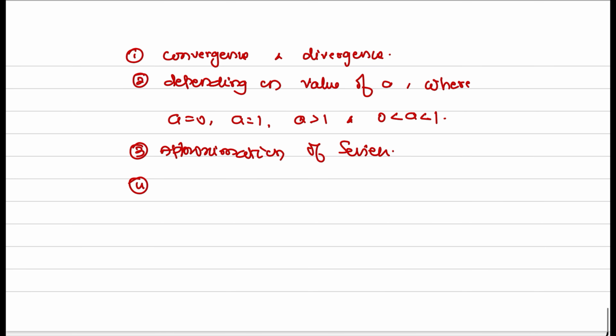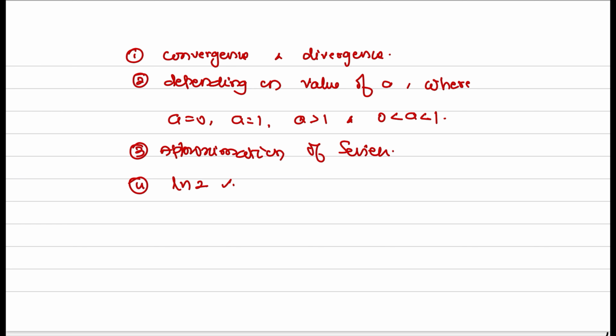We have seen that at a is equal to 1, that means 1 by 2 plus 1 by 3 plus 1 by 4 up to 1 by 2n, it tends to ln2, a fixed value.